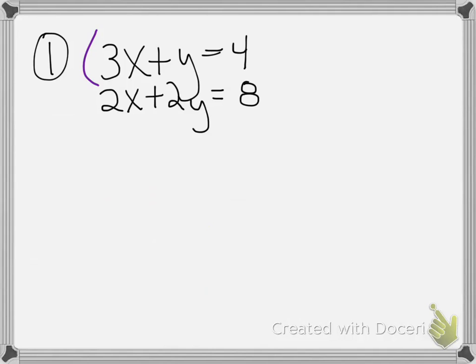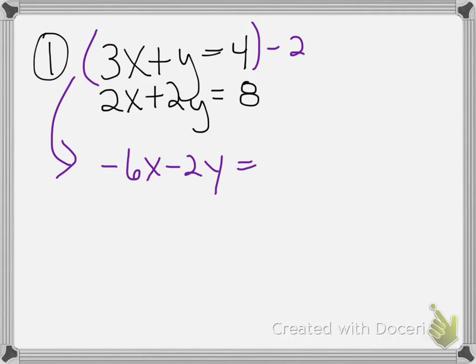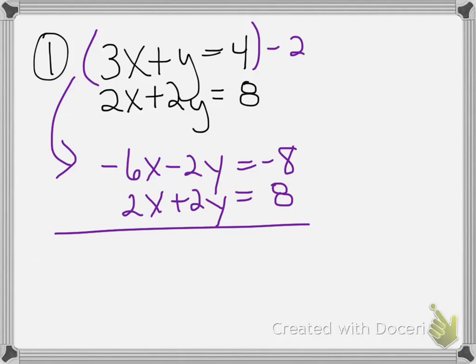If I multiply my top line by -2, then it will change this to be negative 6x minus 2y equals -8. And the other equation, if you leave that alone, 2x plus 2y equals positive 8. Then we're going to add this straight down.